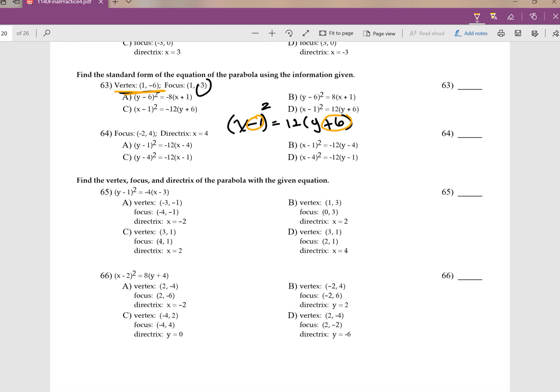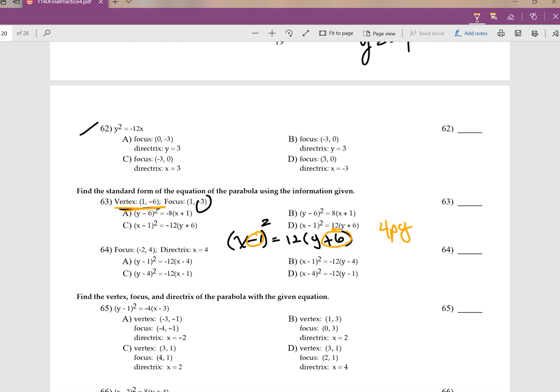Given the focus is (1, -3), the -3 is what's helping me in this case to find the actual value of this term. And remember, it's always 4py. And so in this case, because this is (x - 1) squared, you'll end up with a positive 12.